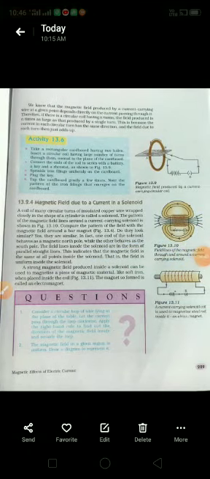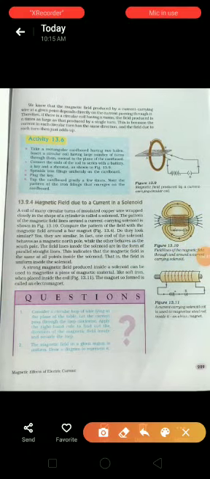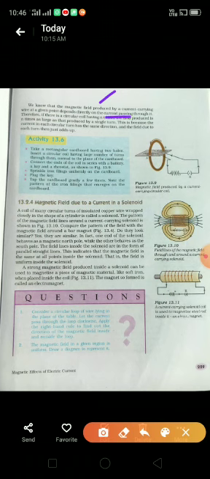By applying the right hand rule, it is easy to check that every section of the wire contributes to the magnetic field lines in the same direction within the loop. Then we know that the magnetic field produced by a current carrying wire at a given point depends directly on the current passing through it.